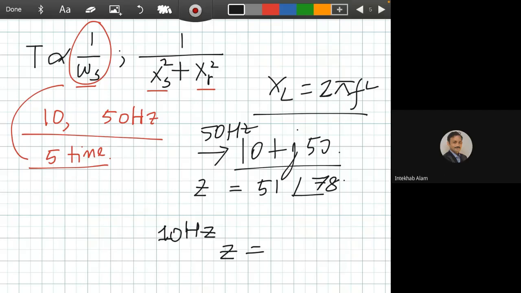Okay, the magnitude 51 and the angle 78.69. Yes, sir. Okay. So what is the value of Z for 10 hertz?